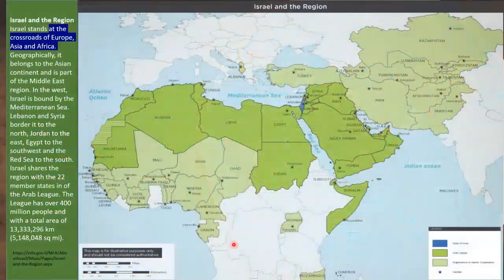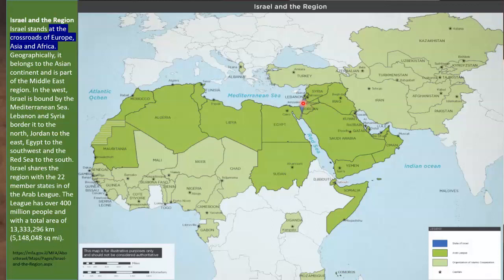I wanted us to take a look at Israel and the region. Israel stands at the crossroads. Here's Israel and the capital Jerusalem right here. So Israel stands at the crossroads of Europe, Asia, and Africa. Geographically, it belongs to the Asian continent and is part of the Middle East region.